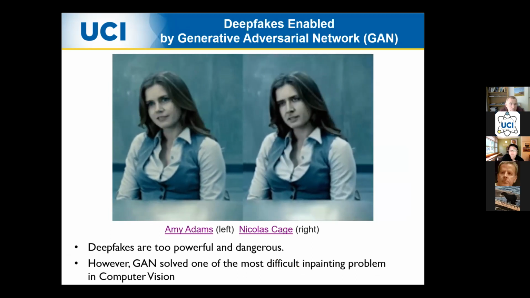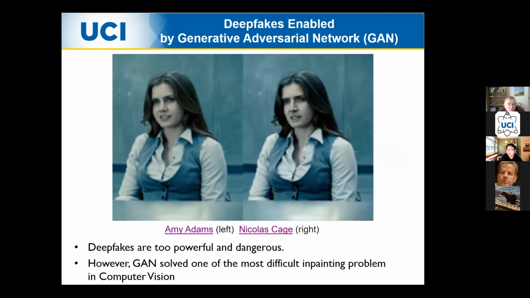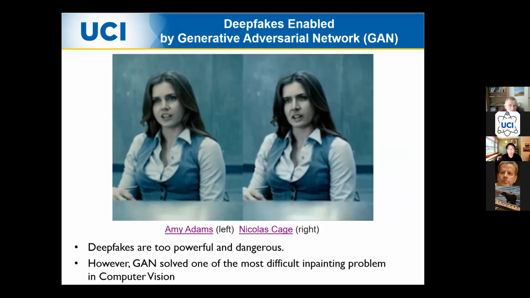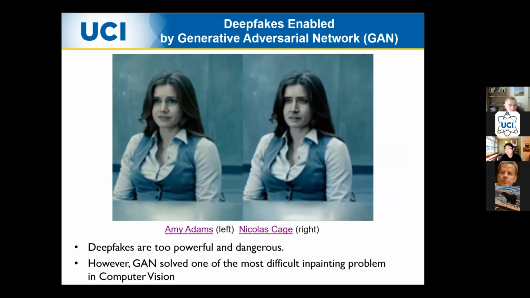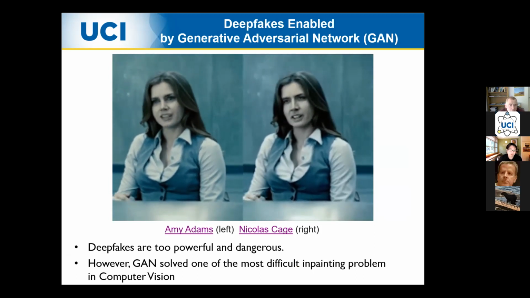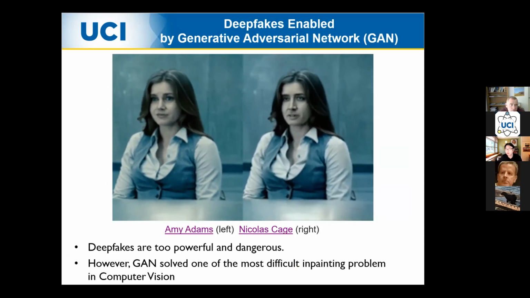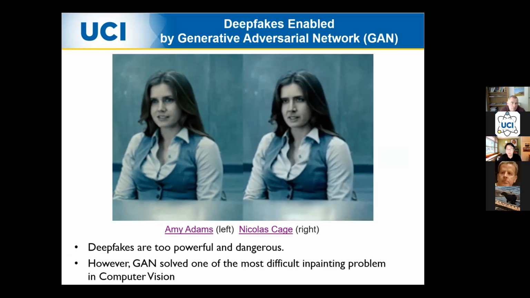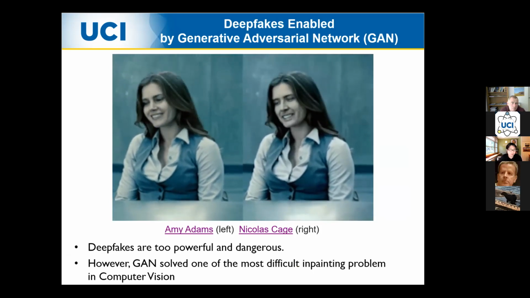So here is what deepfake technology can now do. It can swap out the face of, for example, a movie star and change the scene. And it does it very well, right? So deepfake is very powerful, and California has banned the use of that for many reasons.